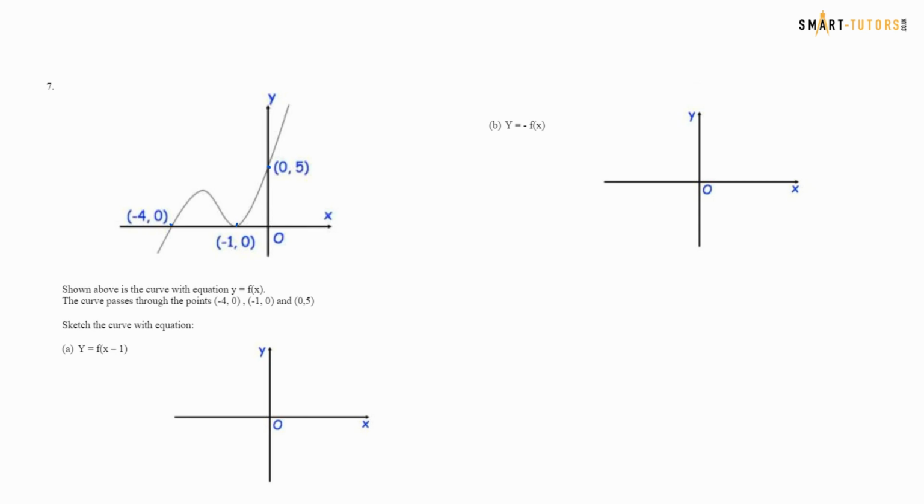So x minus 1 means the graph is moving to the right-hand side by 1 unit. So x is going to be increased by 1 unit. So this minus 1, 0 becomes 0, 0. And this minus 4, 0 added with 1, the x coordinate is going to be minus 3, 0.